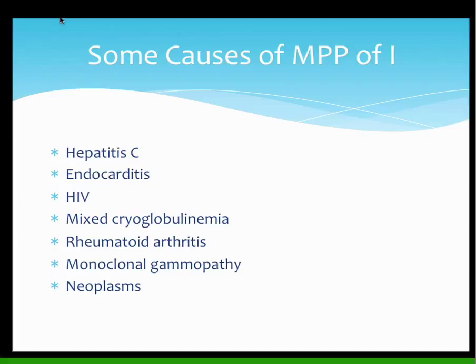Patients with HIV infection. Mixed cryoglobulinemia will characteristically produce this disease process. Patients with rheumatoid arthritis as well as systemic lupus erythematosus will frequently have this pattern of injury. Monoclonal gammopathies are associated with this disease process, and many different cancers have been associated with the membranoproliferative pattern of injury.